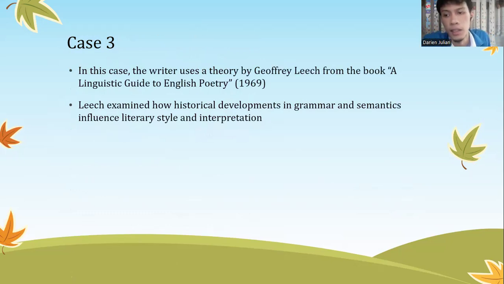Next is case 3. In this case, the writer uses a theory by Geoffrey Leech from the book A Linguistic Guide to English Poetry, established 1969. Leech examined how historical developments in grammar and semantics influence literary style and interpretation.